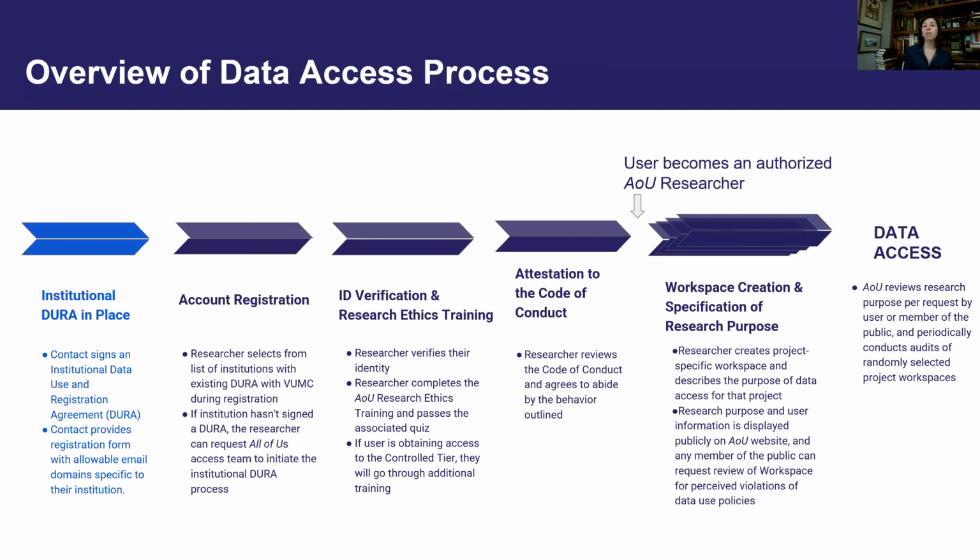The next thing that'll happen is researchers sign a data user code of conduct. This is an agreement between the researcher and the program, making sure that they understand the policies and the expected responsible code of research principles that we want everyone to follow, and they're agreeing to abide by those when they access this data. At that point, all of those steps happen directly within the Workbench registration platform itself.